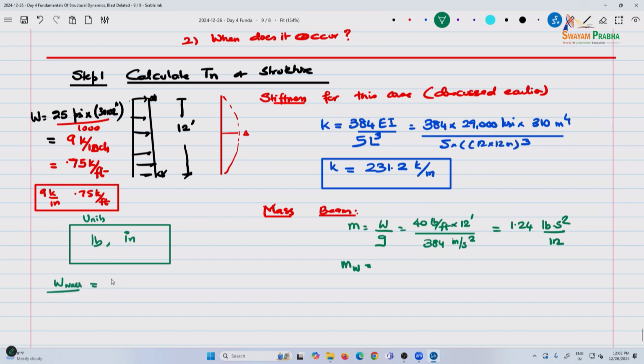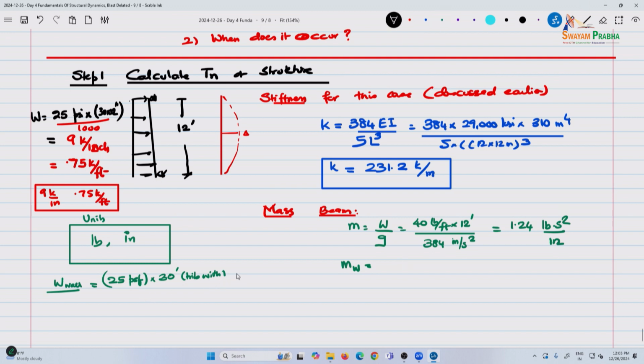So, the weight of the wall, let us say, is 25 pounds per square foot. Cladding weight, and then the tributary width is 30 feet. I have to give you the tributary width. Tributary width is 30 feet. So, this is how much? 750. So, the weight of the wall, multiplied by 12.